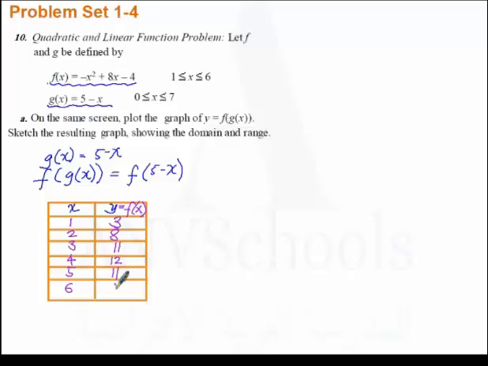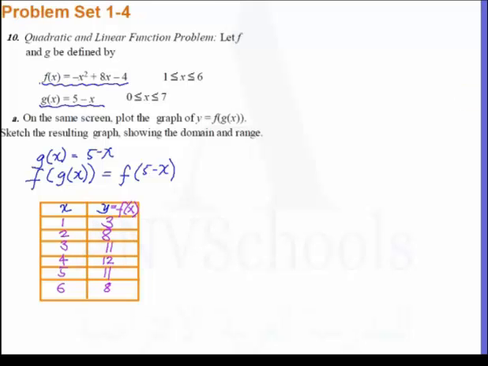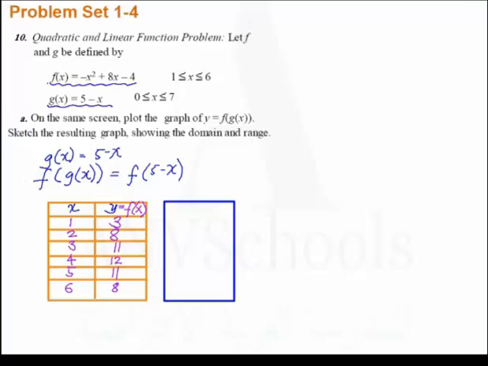So that's negative 40 plus 48. That's positive 8. Okay, now we go to the second one. This is our f of x, by the way, at the restricted domain from 1 to 6.